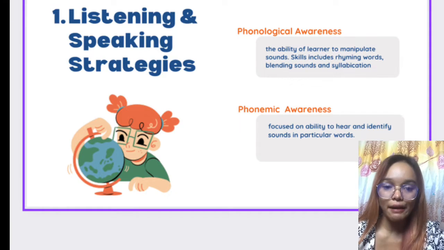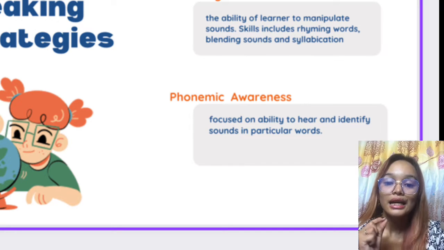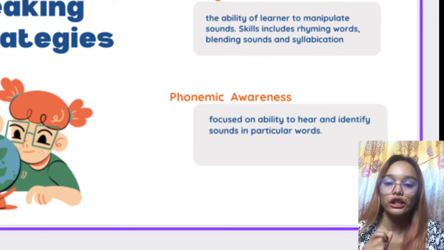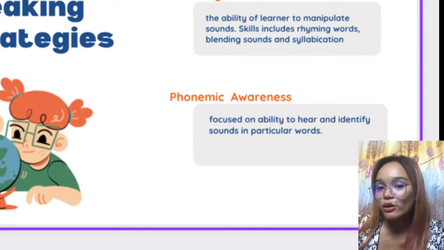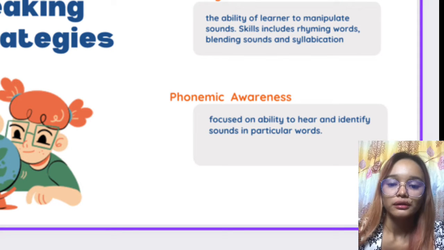For example, a learner knows that the first sound that comes from sun is s. In manipulating the words, they could change it into ch, so that it could be chun, something like that. Other examples are rhyming, syllabication, and other such skills.